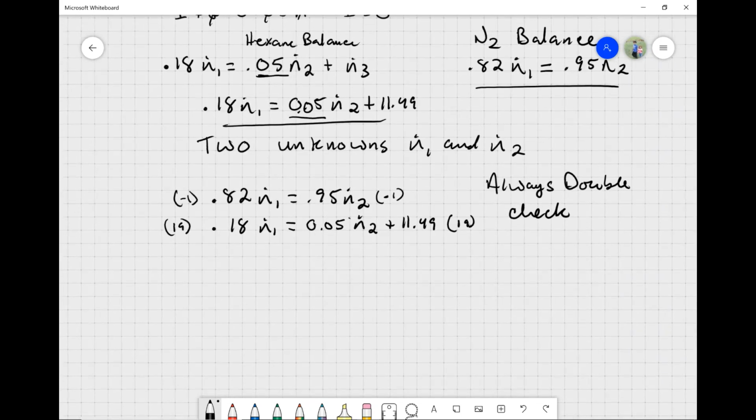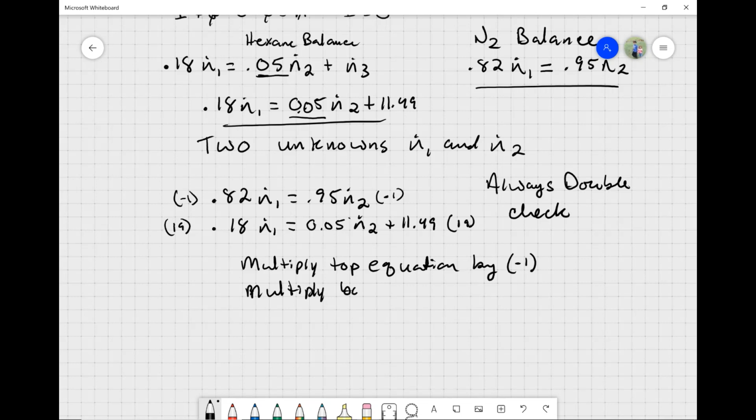So I'm multiplying by -1, and I'm multiplying the bottom by 19, both sides, okay?